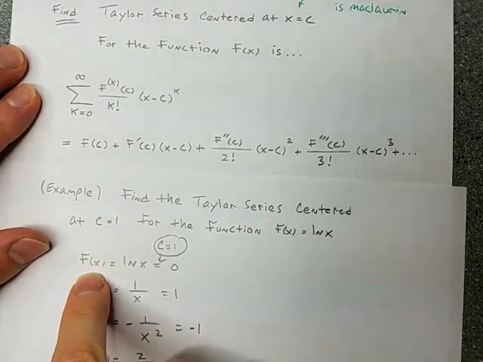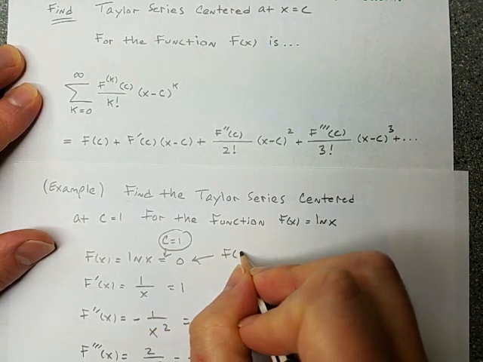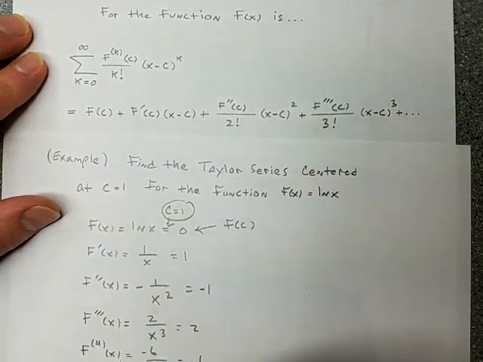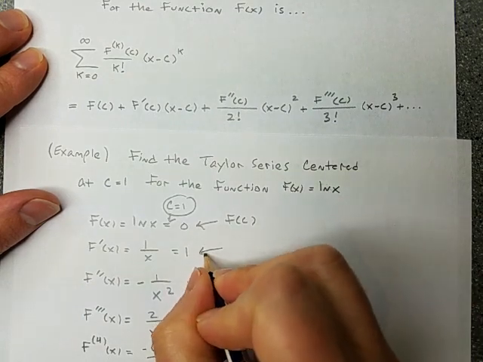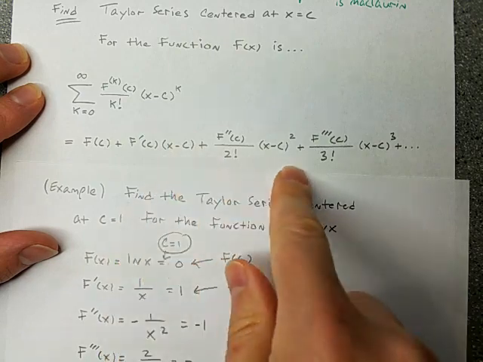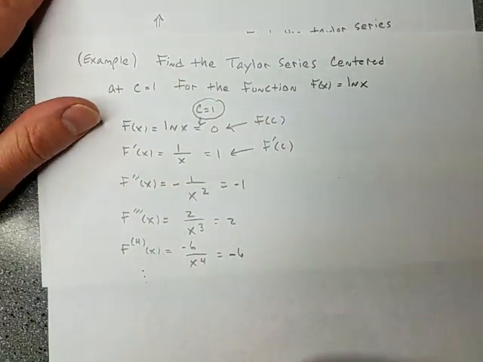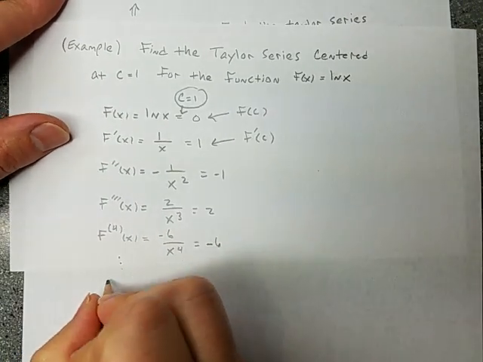So I got f of c right here. This is f of c with respect to that formula. I've got f prime c. So I've got all the stuff I need there. So let me put it together now. So my Taylor series is going to look like this.